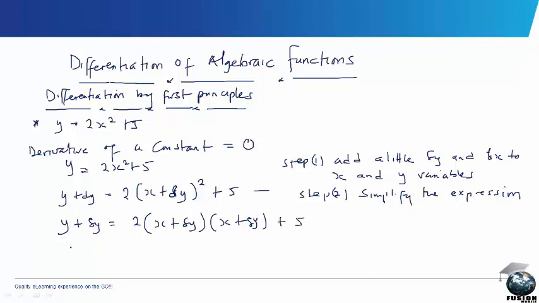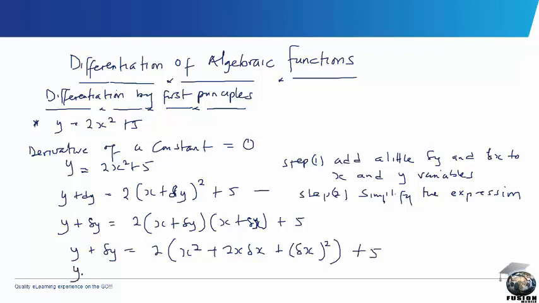So y plus dy is equal to 2 times x squared plus 2x dx plus dx all squared, and we add our 5.